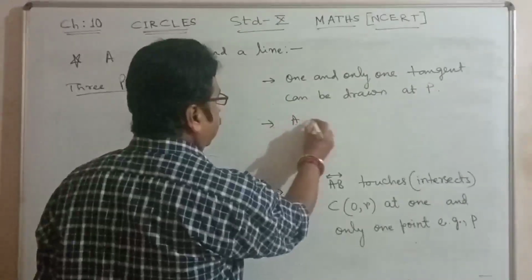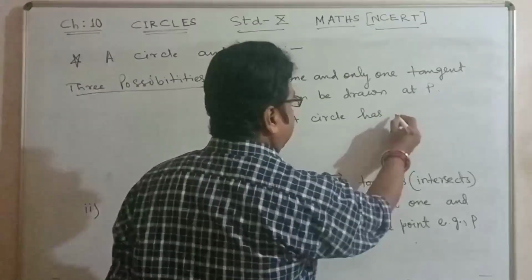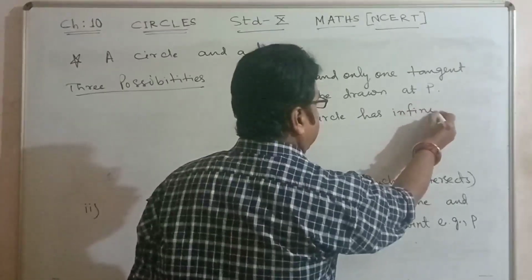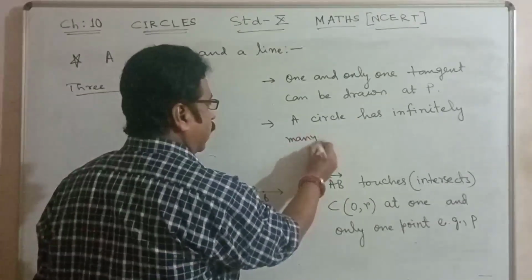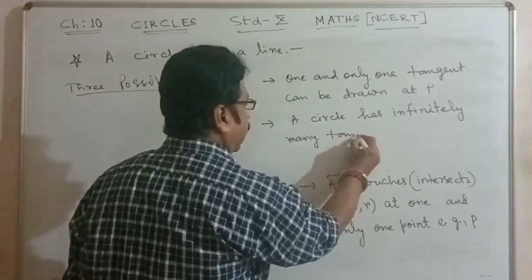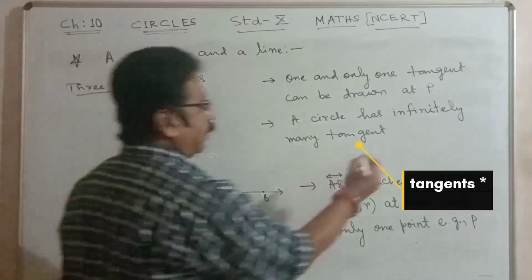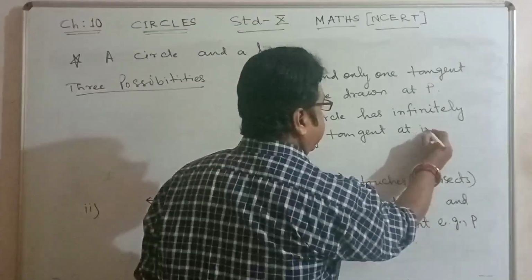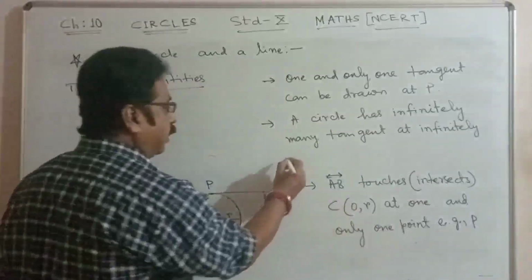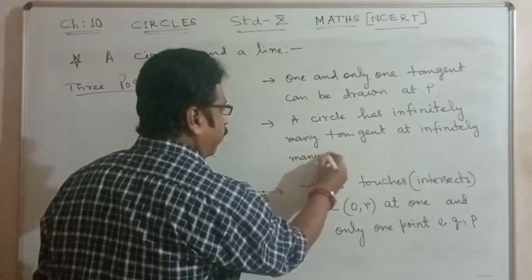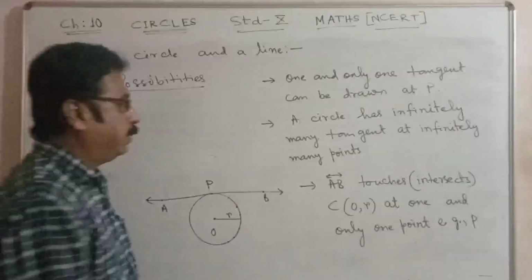A circle has infinitely many tangents, at infinitely many points lying on this circle.